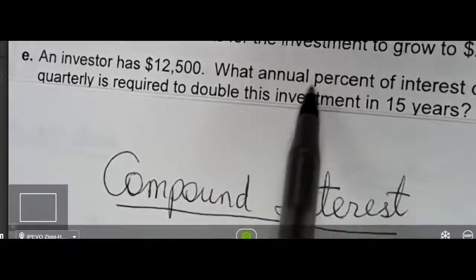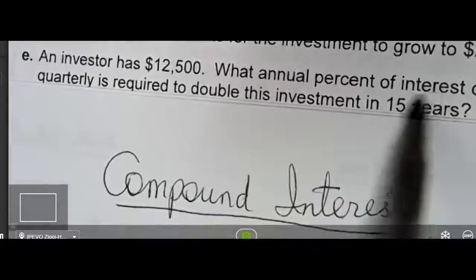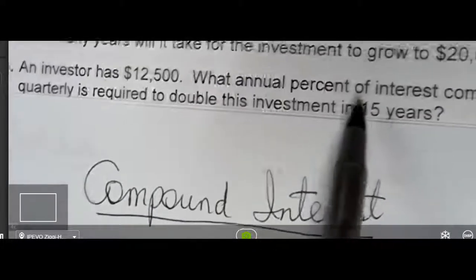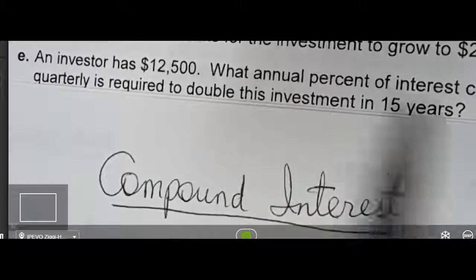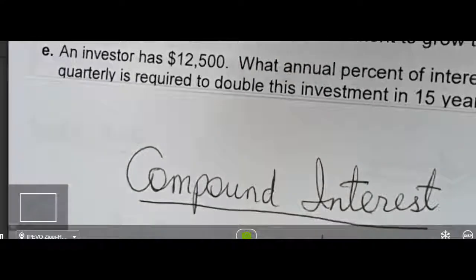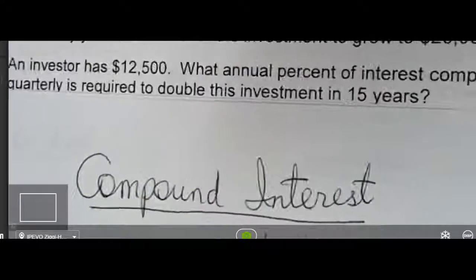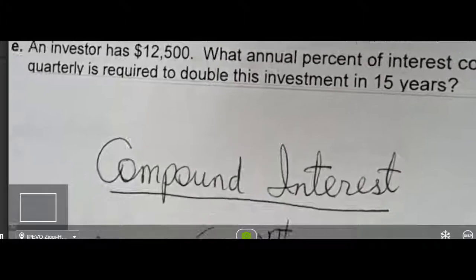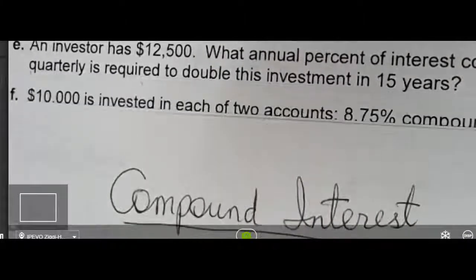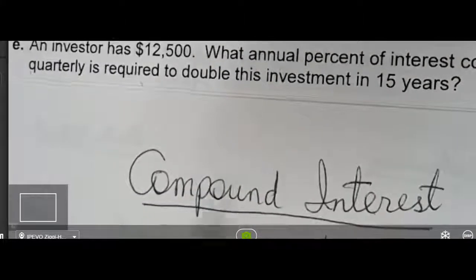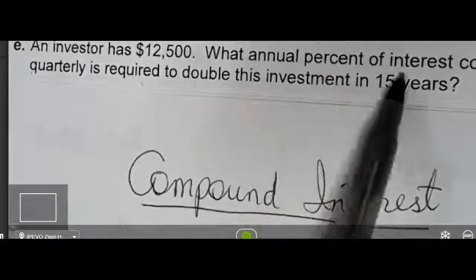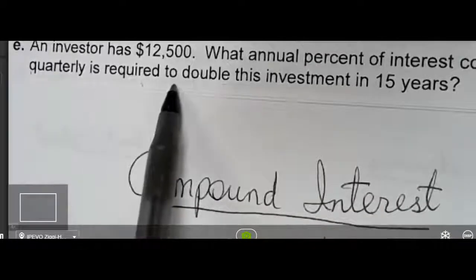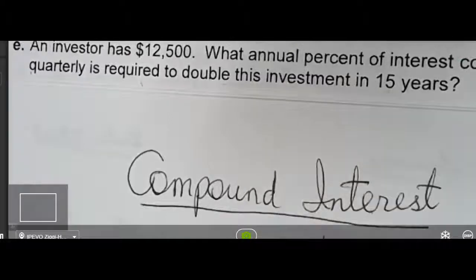And then we are looking for the annual percent interest. It is compounded quarterly, so our n, we already got, is 4. The question asks what percent of interest is required to double this in 15 years.